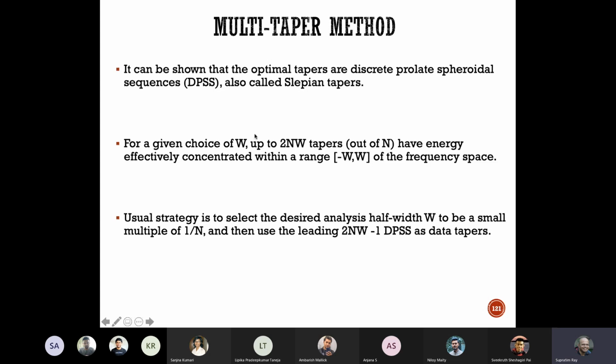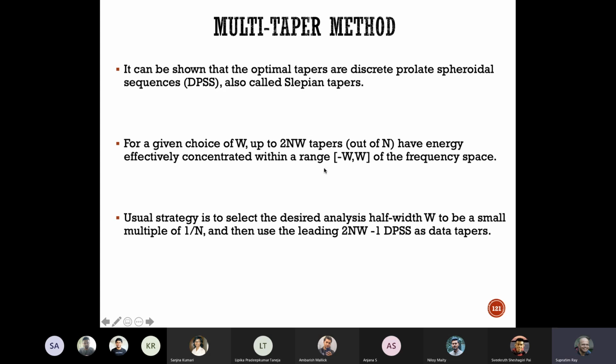So given a choice of W, which you are choosing, it turns out you can have up to 2NW tapers out of a total of N, which have energy effectively concentrated within this narrow range. Okay, so when you do multi-taper analysis, you say I'm going to choose a half width, which is a small multiple of 1 by N, and then I'm going to use the leading 2NW minus 1 DPSS as data tapers.